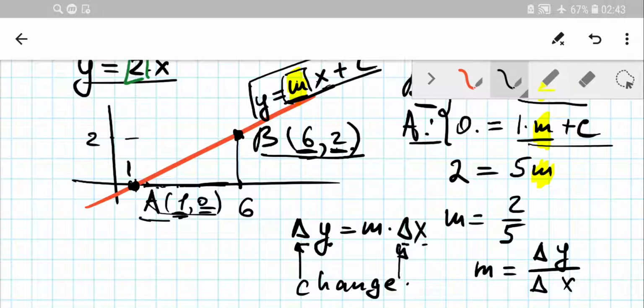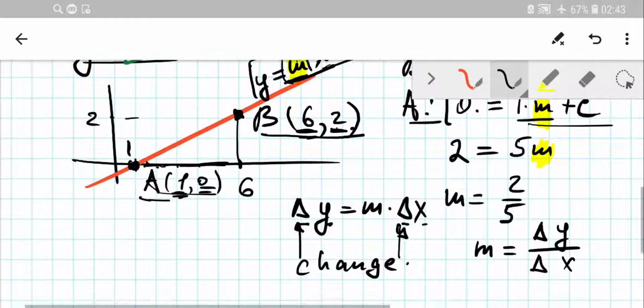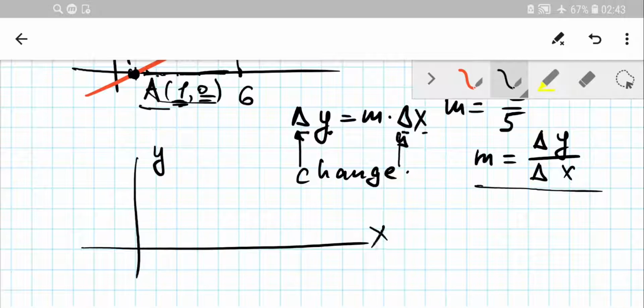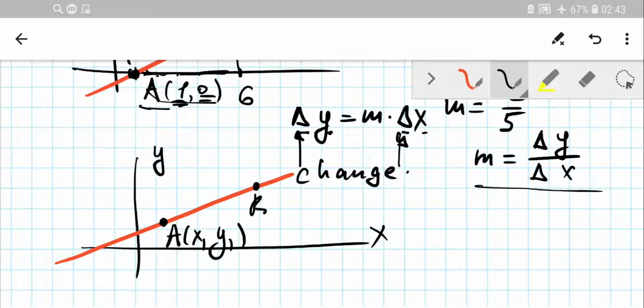Basically, if we apply this definition for this coefficient, we could say that no matter which points we take on the line, might be any random points, but they should be on the line, with coordinates, let's say x1, y1 and x2, y2, we can simply do the following.